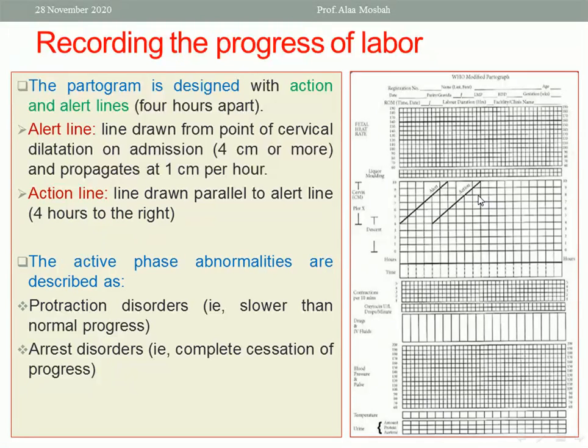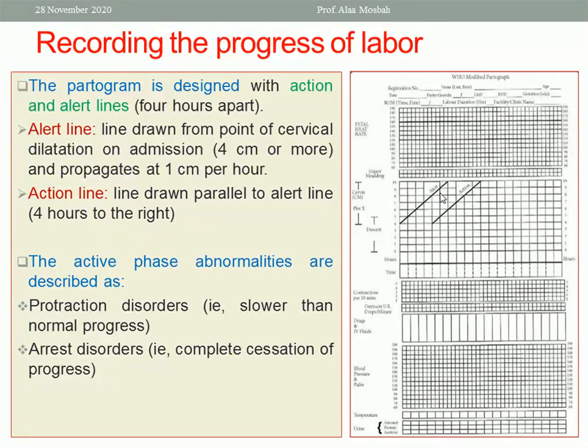This is very risky and denotes a problem, and they may need immediate intervention with cesarean section, because you may have arrest in cervical dilatation or protracted cervical dilatation despite the presence of strong and efficient uterine contraction.